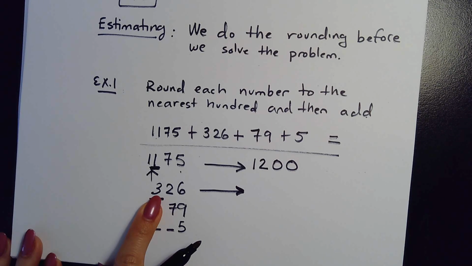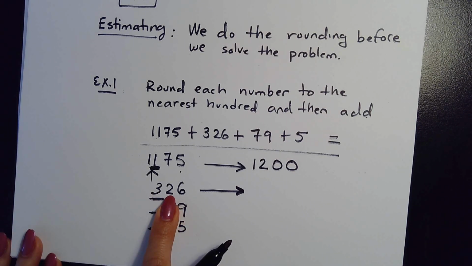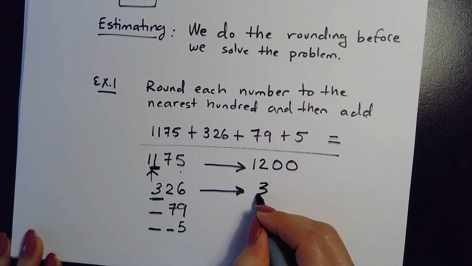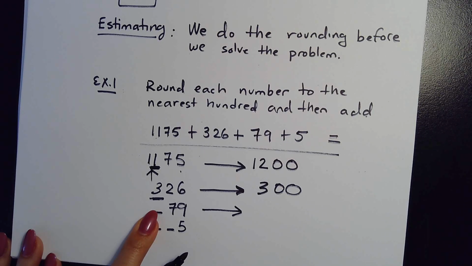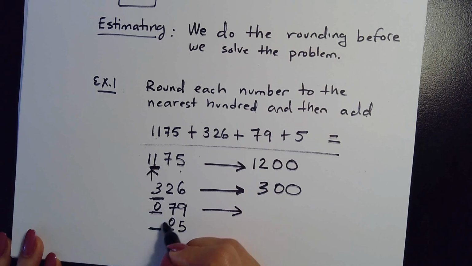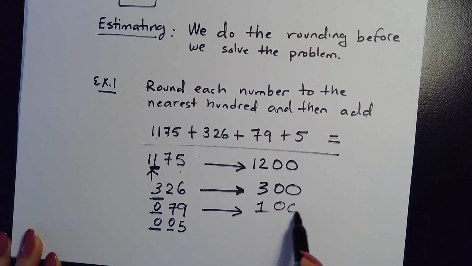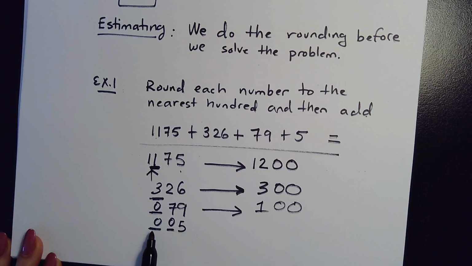You look at the 3, and because the number next to it is not 5 or more, it remains a 3, and you change everything else to 0. Over here, think of this as a 0. In fact, you can put zeros there. You look at the number next to it, and if it's 5 or more, you change the 0 to a 1. So it's gonna be 100. And over here, you look at the 0.